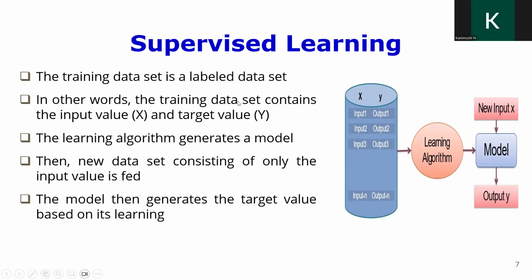The machine learns from the examples using a learning algorithm, and it builds a model that understands the relationship between x and y. So that learning algorithm plays in between. Once the model is trained, we can give it new input without the answer, and it will predict the output based on what it learned earlier. Basically, it is like teaching a student with the answer key first, and later testing them without it.